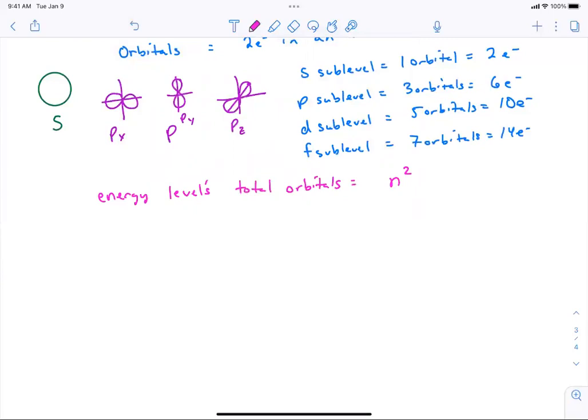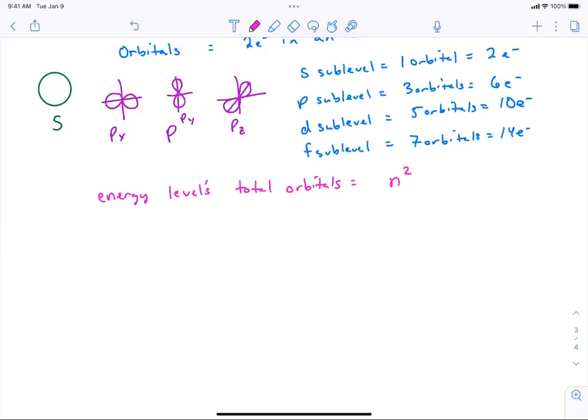Energy level 1 is 1 squared, 1 orbital. Energy level 2, 2 squared is 4 orbitals, because it comes from 1 from the S, 3 from the P. Energy level 3 has 9 orbitals, 1 from the S, 3 from the P, and then 5 from the D. So that is always true. If I give you energy level 10, there would be 100 total orbitals in there.